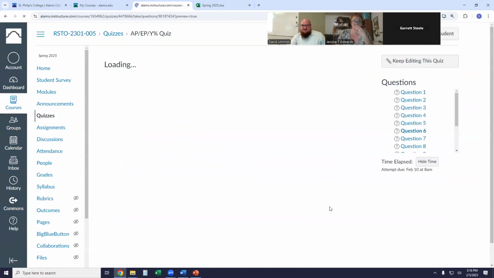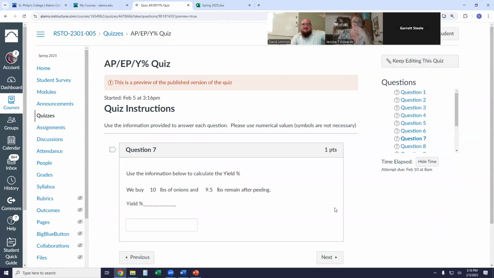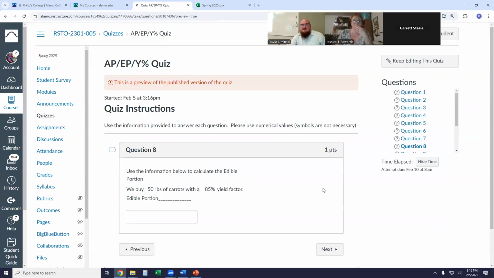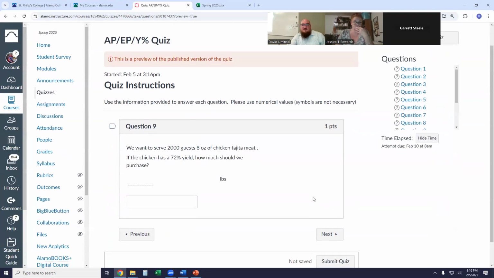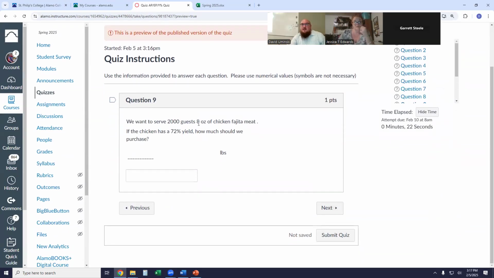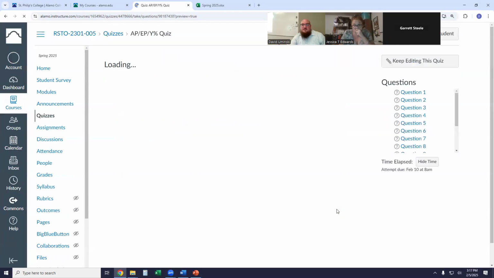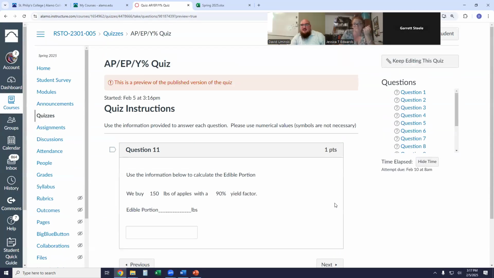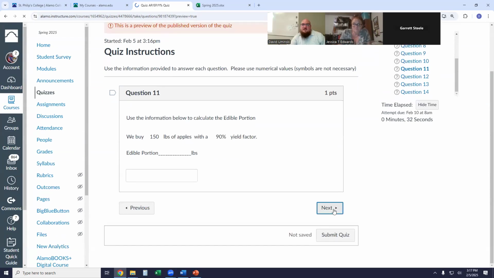Does this format work for you guys to have it one at a time, or do you want to see them all at the same time? One at a time. Okay, sounds good. Notice real quick, this is 8 ounces, but we want pounds, so make sure your units match.